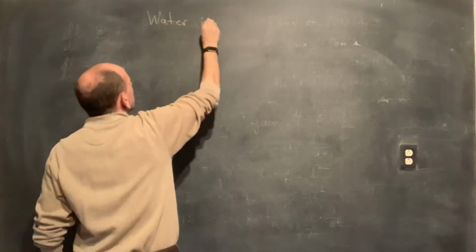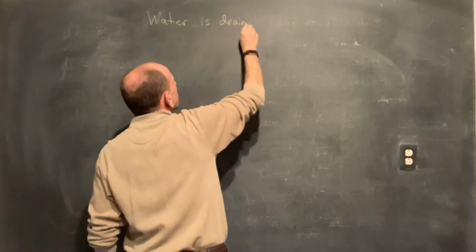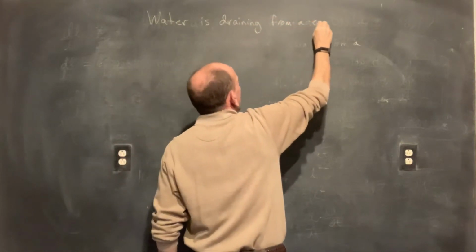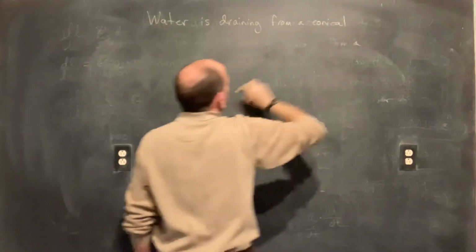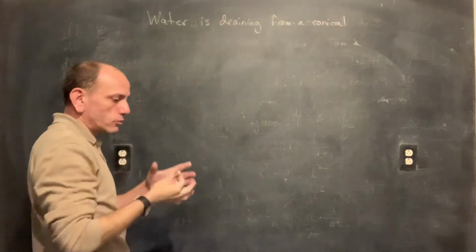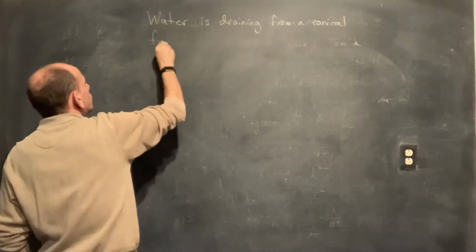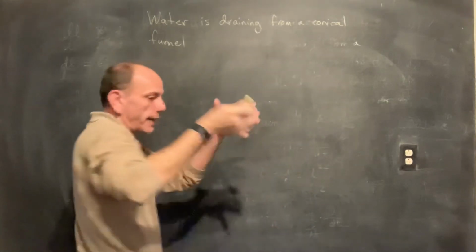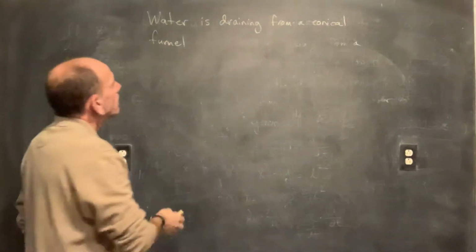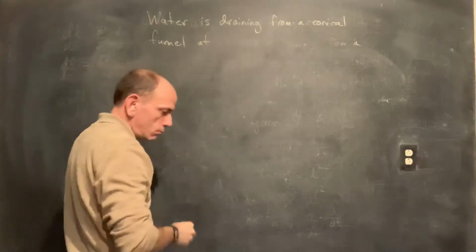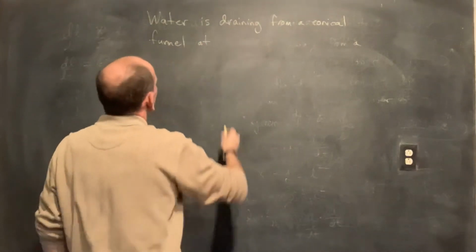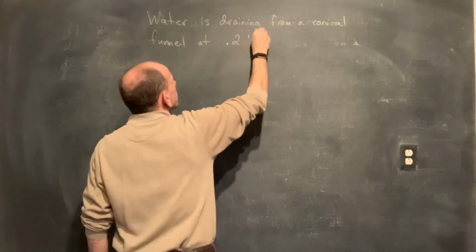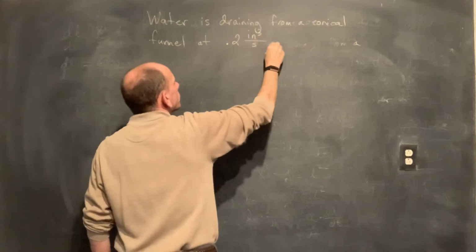Water is draining from a conical funnel from the bottom, right? Draining out the bottom of a funnel at 0.2 cubic inches per second.